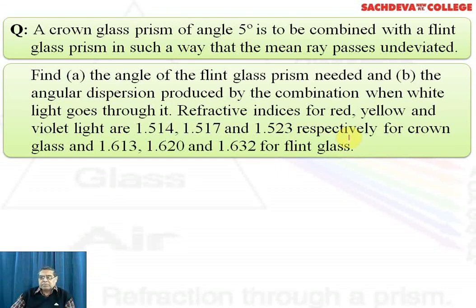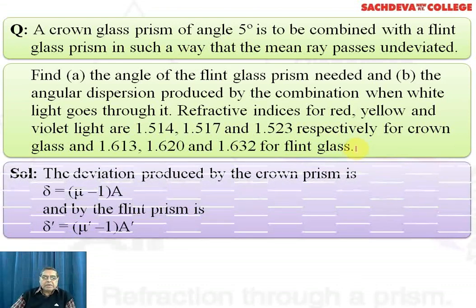So we must make the calculation right up to 3 places of decimal. So for crown glass, and 1.613, 1.620 and 1.632 for the flint glass. So the refractive indices for red, yellow and violet are given for the crown glass as well as for the flint glass.